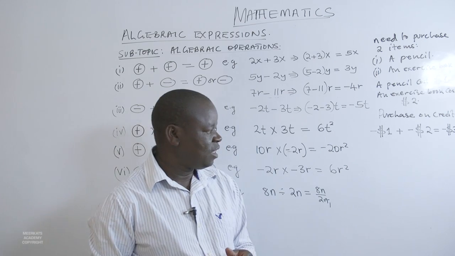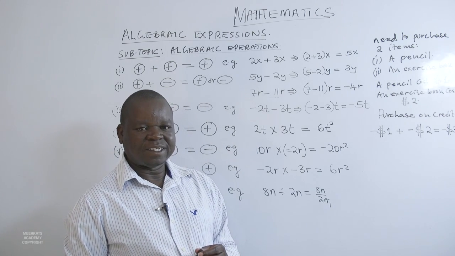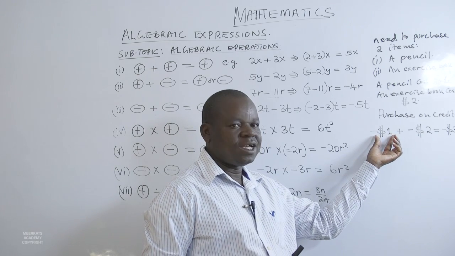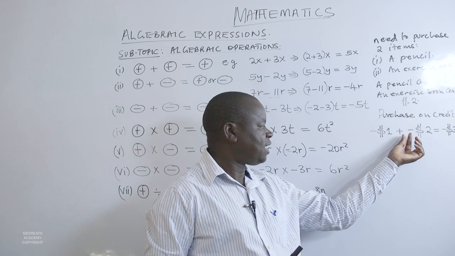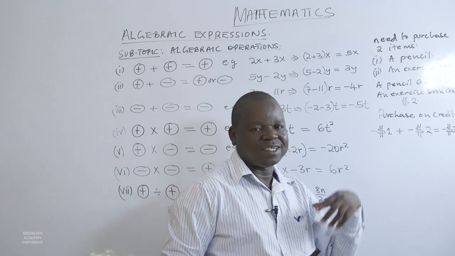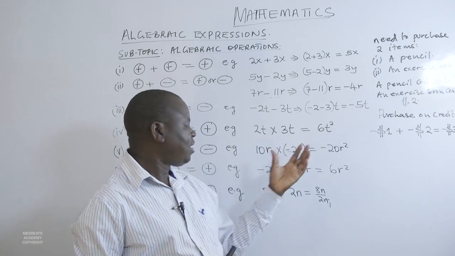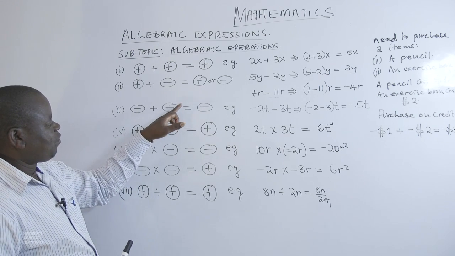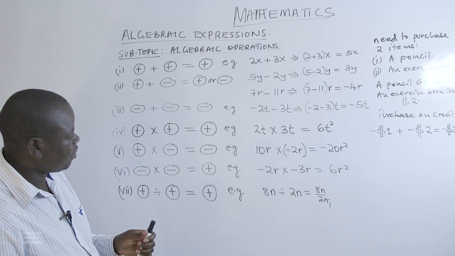That's why we are saying that when you add a negative plus a negative, the result is a negative. That is how we interpret negative plus negative, the answer is negative.